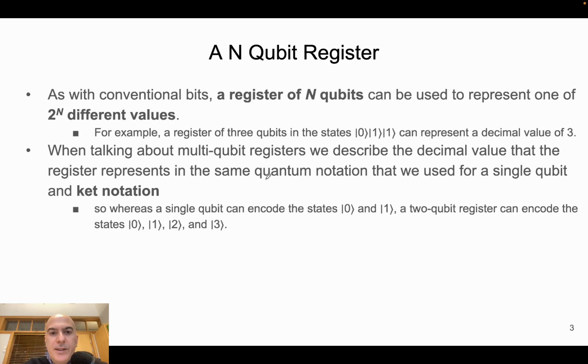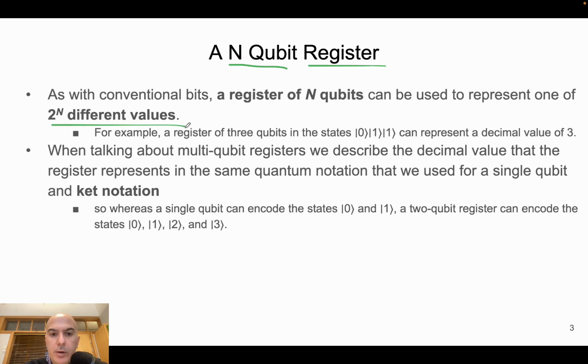So let's start to define a quantum multi-qubit system, and what we can look at is a register that is composed of n qubits. As with conventional bits, a register of n qubits can be used to represent one of the 2 to the n different values.